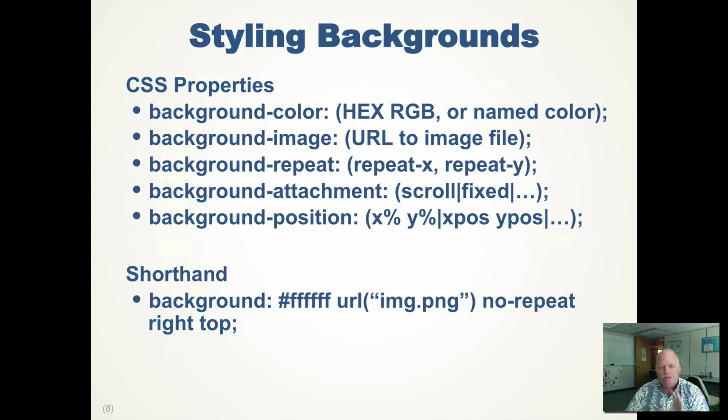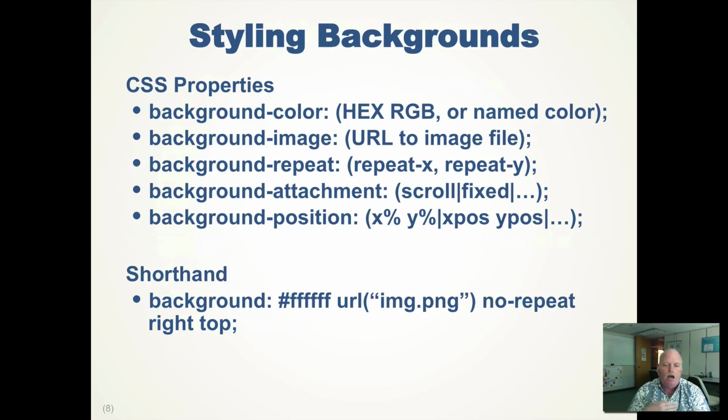The processing of these style sheets is smart enough that if you put them in the wrong order, it's not going to get totally confused. So if you drop the color and have just URL, no-repeat, right top, it's not going to try to process the URL and say, oh, that's going to be my background color. The processing is smart enough to not screw that up.